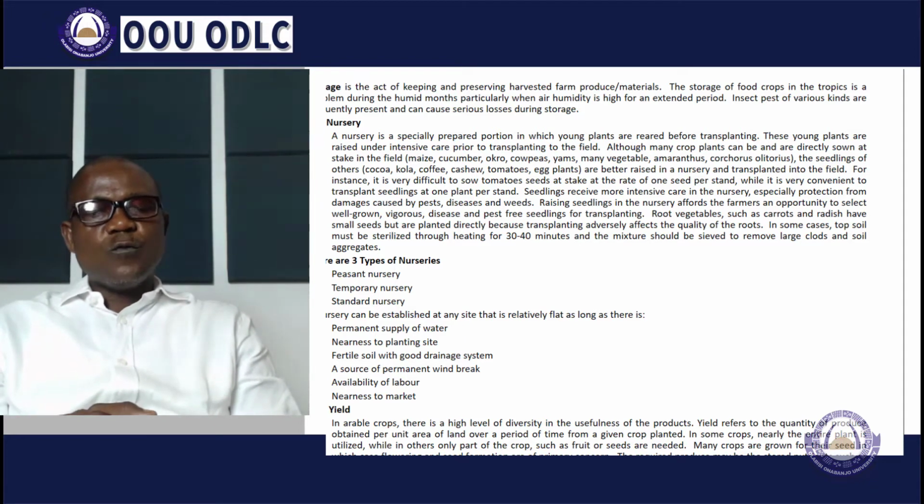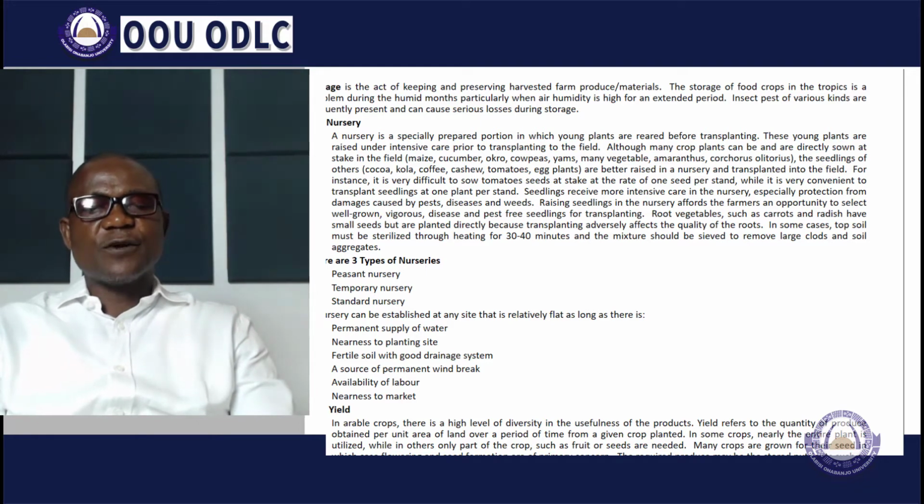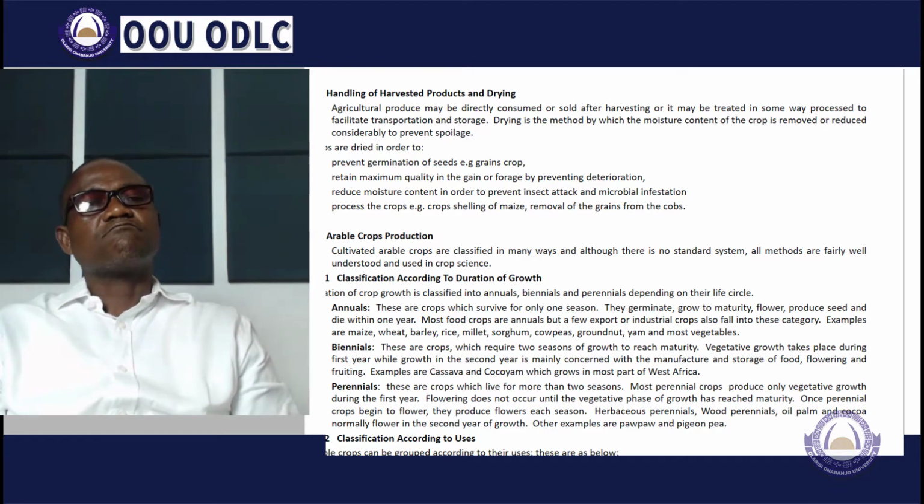From the foregoing, it could be found that the yield determination and associated factors varies considerably from one crop to another, and the common criterion for assessing productivity of crops is yield of the desired crop.